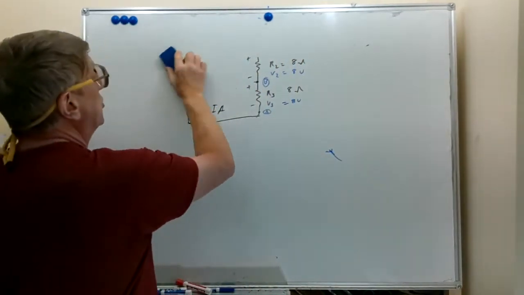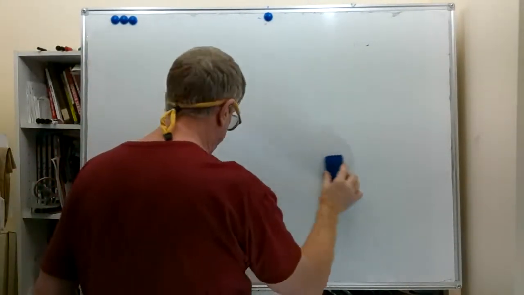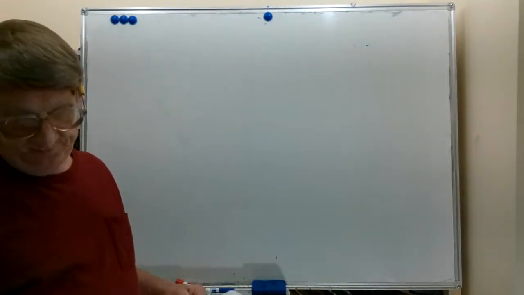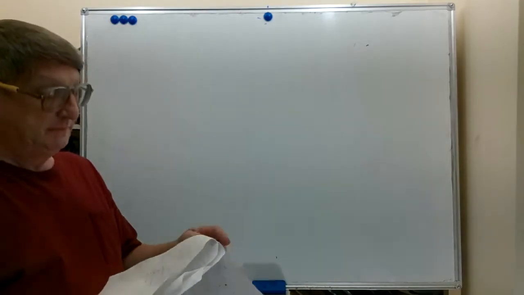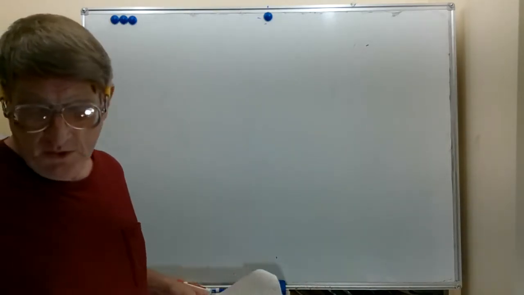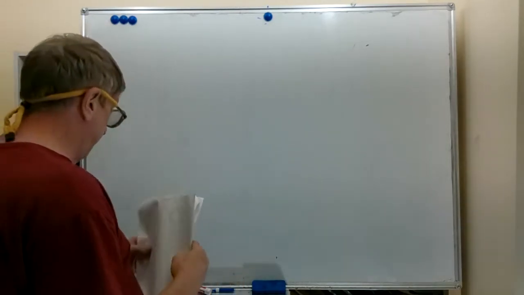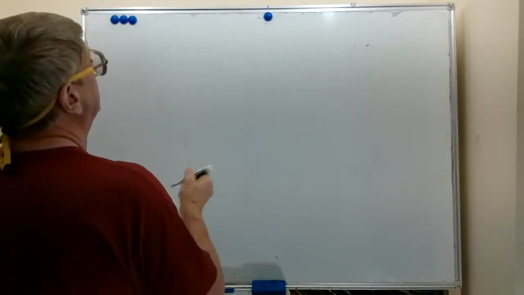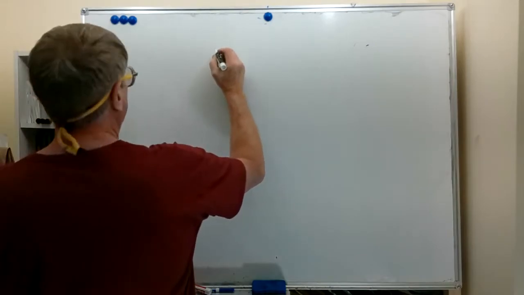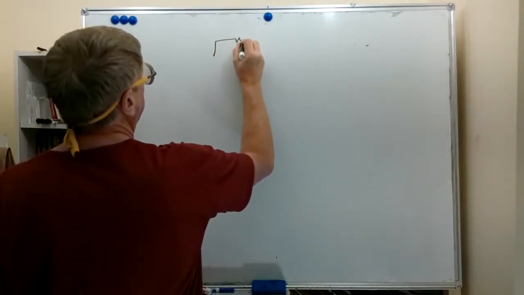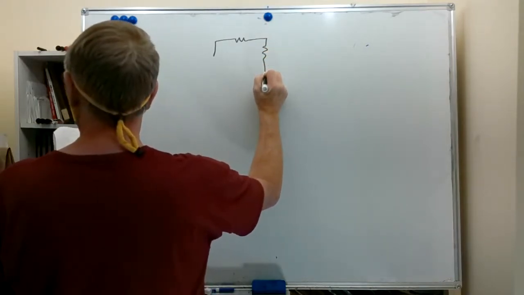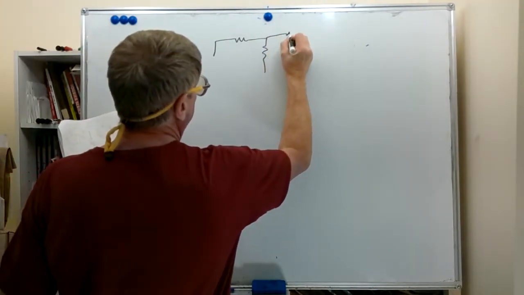And we're going to talk a little more about what can go wrong with series and parallel circuits. We're going to draw a series parallel circuit and analyze it a little bit. Got a resistor, another resistor here.